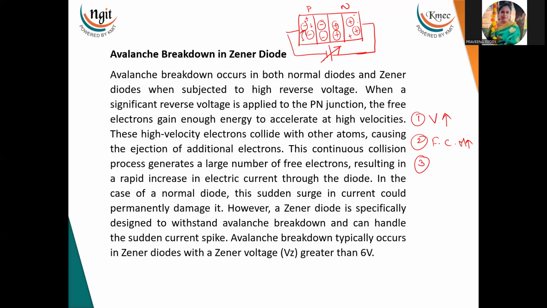From this atom, more charge carriers are induced. Collision is taking place, thereby more free charge carriers are generated. Again, these free charge carriers also attain high mobility, go and collide with other atoms, and more free charge carriers are generated. Like that, collisions take place and free charge carriers increase in the P material and N material, and these free charge carriers lead to high current.